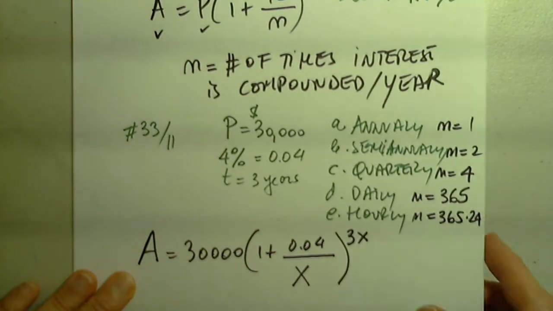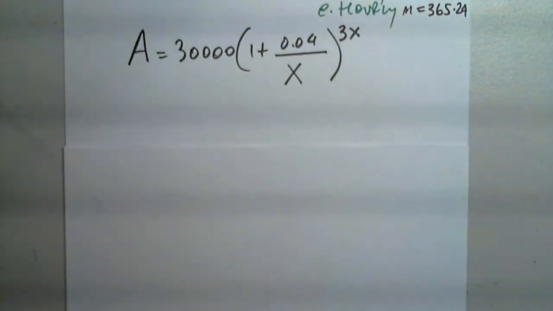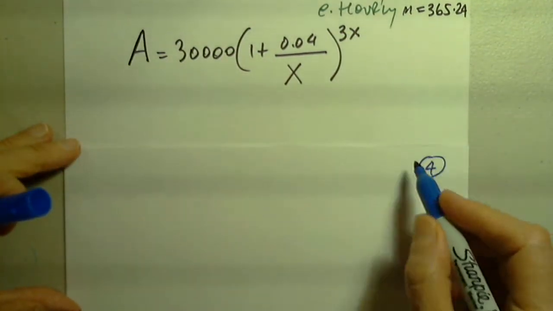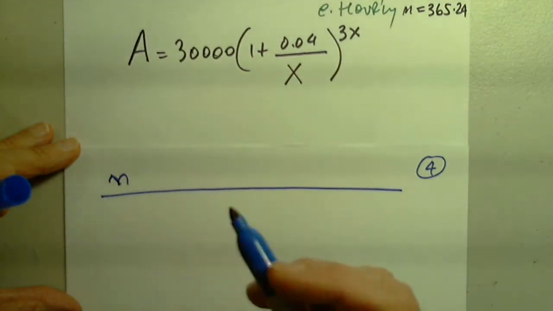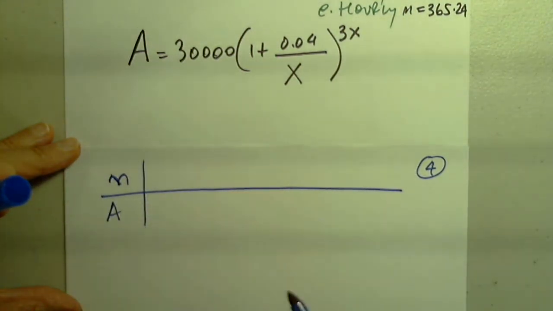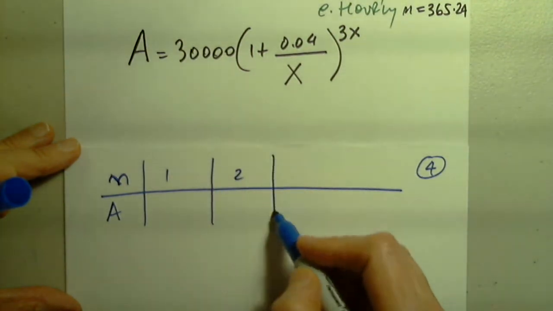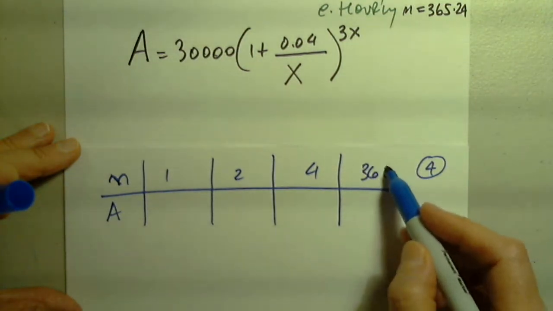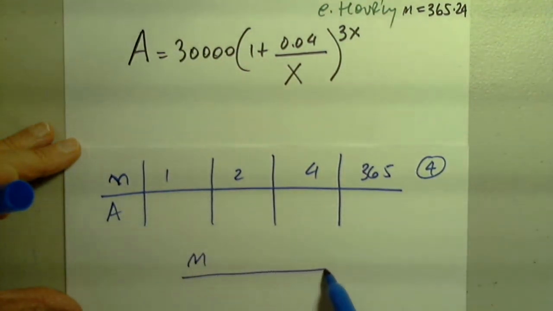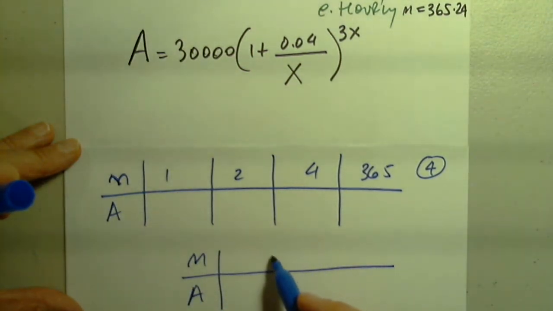So now our answers will be, and I would like to create a table to summarize our answers. So here's the table. N and A. When N is 1, when N is 2, when N is 4, when N is 365, and finally, when N is, what was it? 8760.